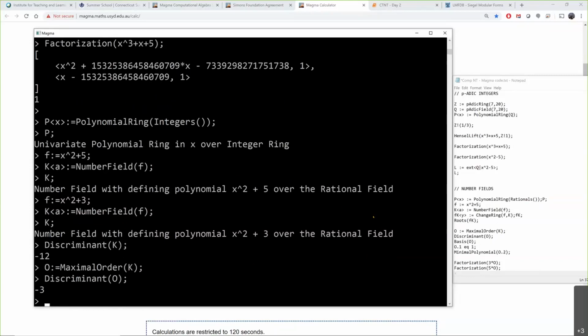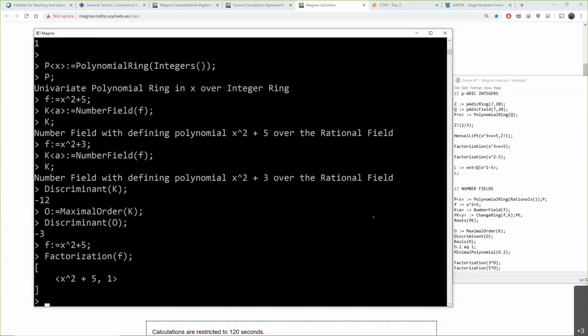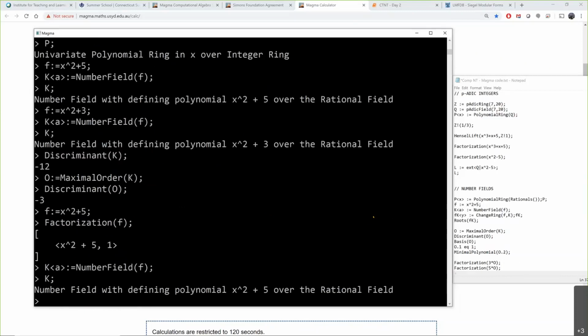All right, let's go back to Q adjoin the square root of -5, because I want some non-trivial class group floating around. So the factorization of f, this is just irreducible. And then I'm going to define K. So now K is Q adjoin the square root of -5. And let's see that I can change my ring like this.